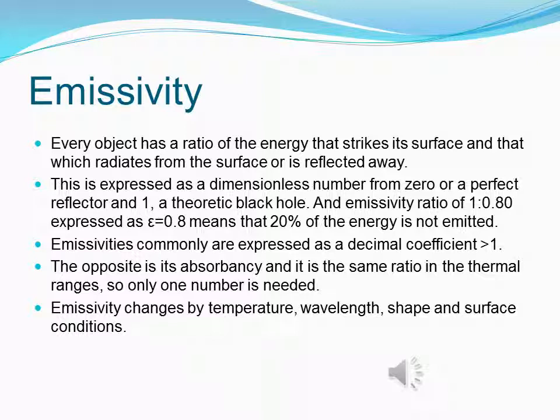Okay. But that brings an interesting aspect, and that's the last point on this slide, that emissivity changes by temperature, wavelength, shape, and surface conditions. Wavelengths is what we're talking about here with a mirror. Well, I can radiate a mirror, and most of that heat will be absorbed by the mirror itself, that is, move through that shiny surface, which is called silvering.